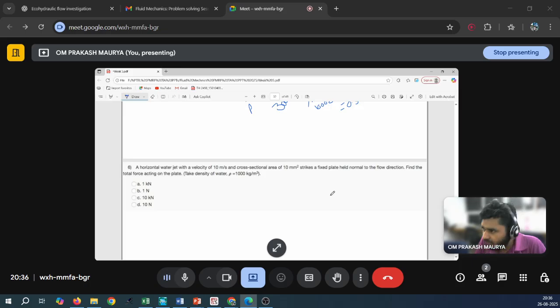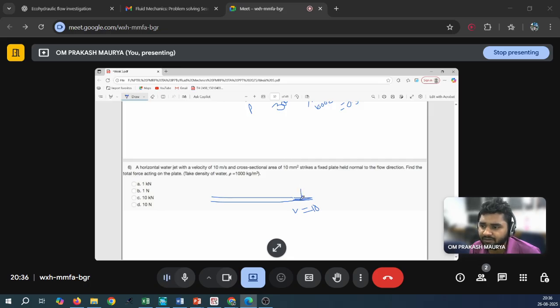A horizontal water jet with a velocity of 10 meter per second. The 10 meter per second velocity is given, and the cross-sectional area is 10 mm square.